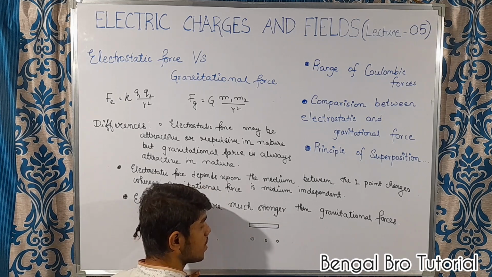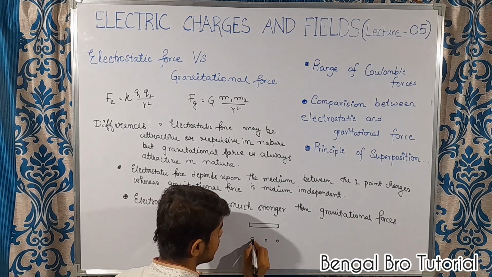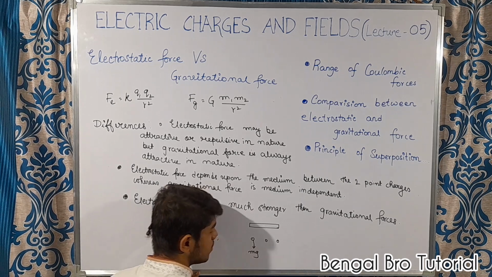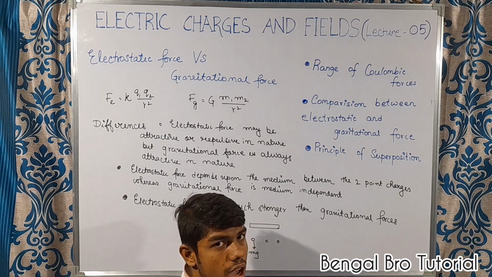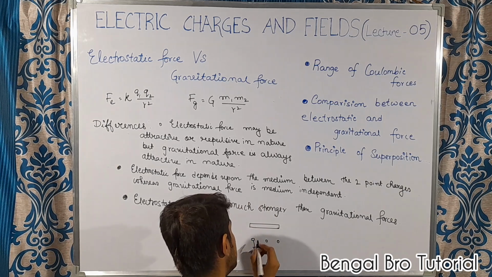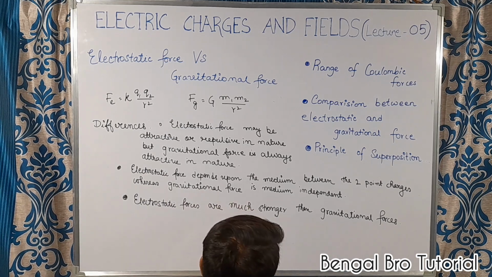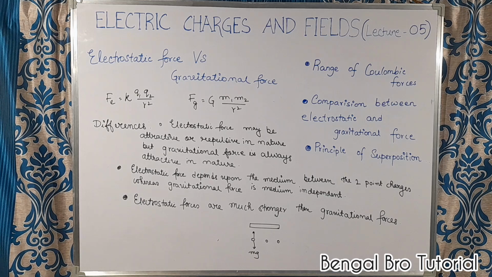Now, there are two forces acting on these bits of paper. The first force is the gravitational force due to the earth, and the second force is the electrostatic force due to this charged scale.